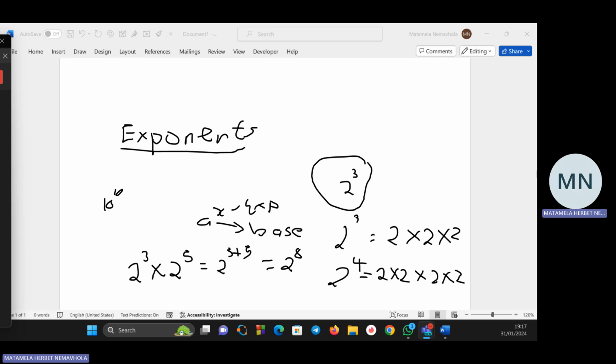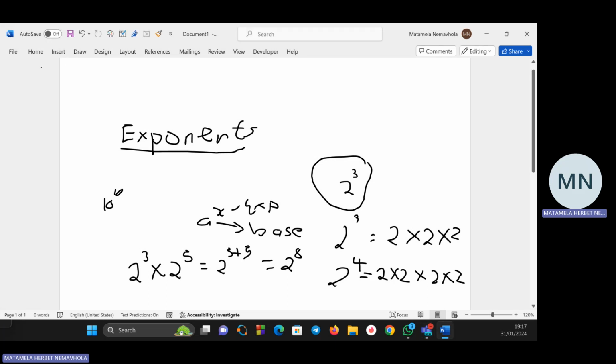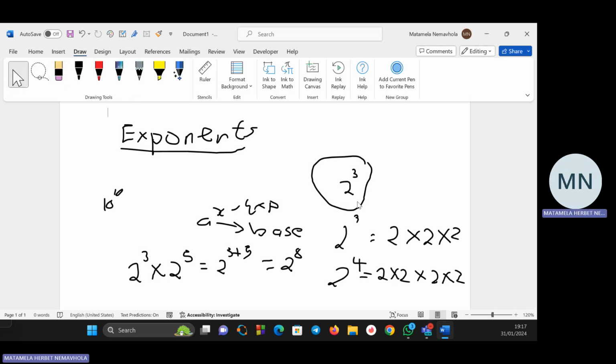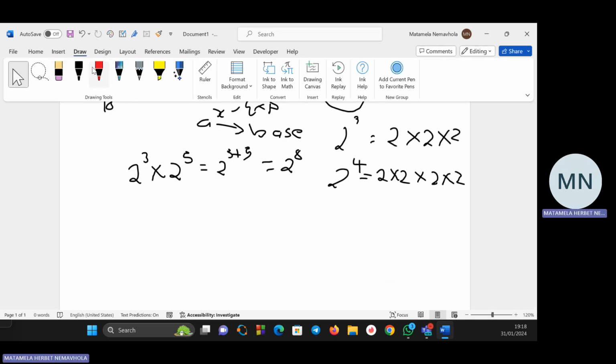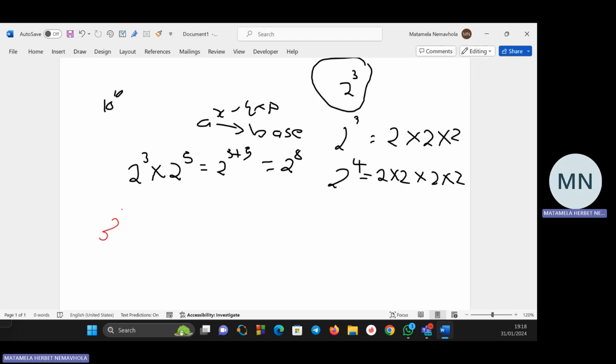We're going to work more on these exponents of numbers first. When we multiply, we add the exponents. It can be 3 to the power 2 multiplied by 3 to the power 4. I'm just giving an example with a different base.